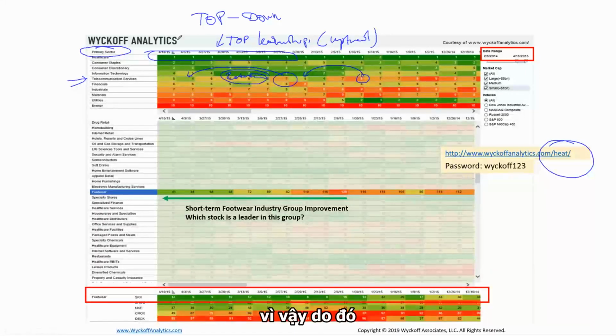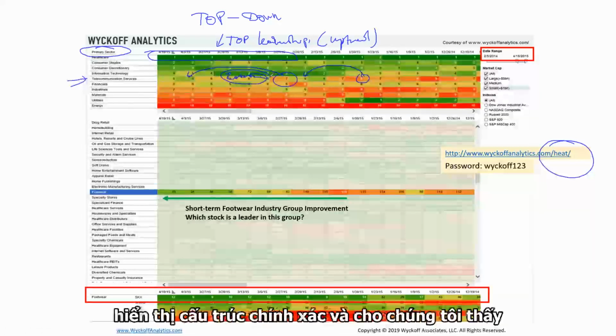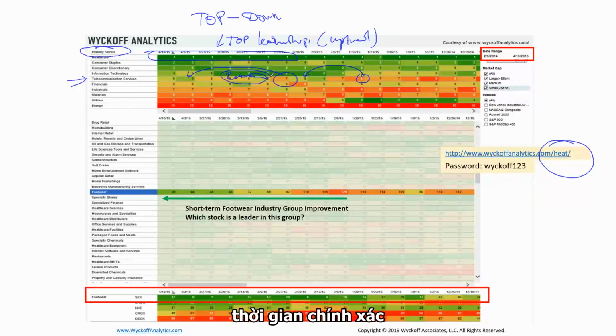Therefore, we need to look at this rally and make an assessment as to whether there are any candidates that would show the relative strength, show the correct structure, and show us the correct timing.